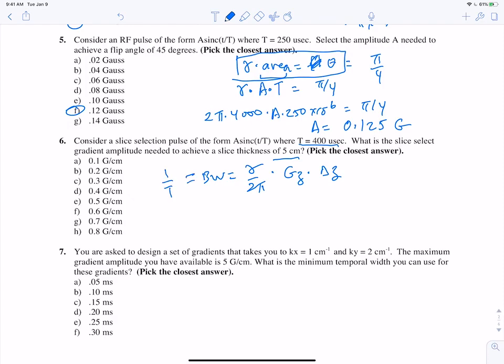So we can solve for g sub z equals 1 over t, gamma over 2 pi, delta z. And if you solve for that, you get 0.125 Gauss per centimeter. So A is the correct answer.